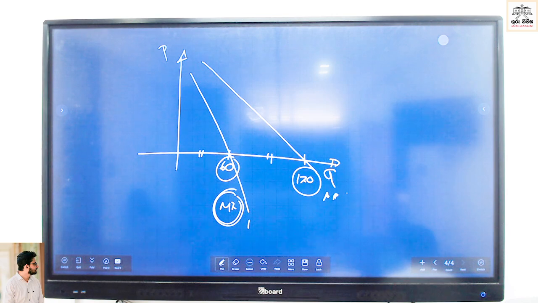So their production capacity is too large. When production capacity is too large, the firm is able to get the advantage of economies of scale.